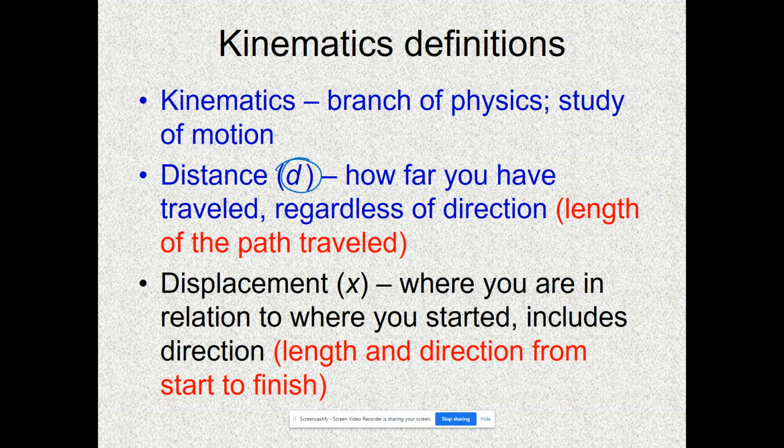The other thing we went over already was displacement. Now this one does depend on direction, and we use an X to mark the spot for displacement because it's really all about where something is placed and where did it start, its placement, and where was its placement when it ended, and what is the magnitude between those 2 points and the direction.